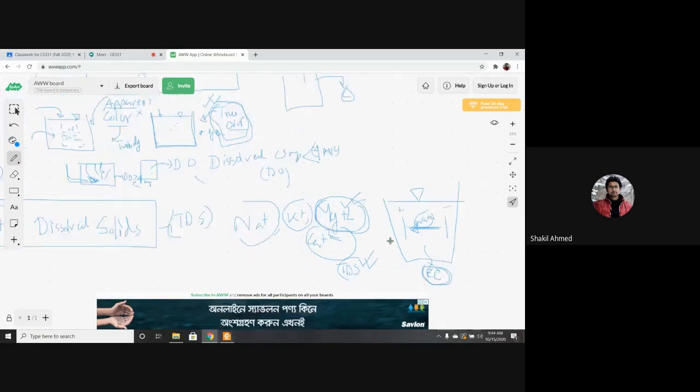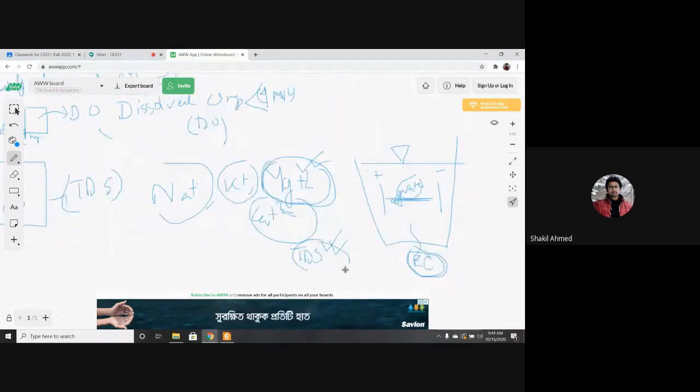So there is a relationship between electrical conductivity and TDS: TDS equals 0.55 to 0.7 multiplied by electrical conductivity.